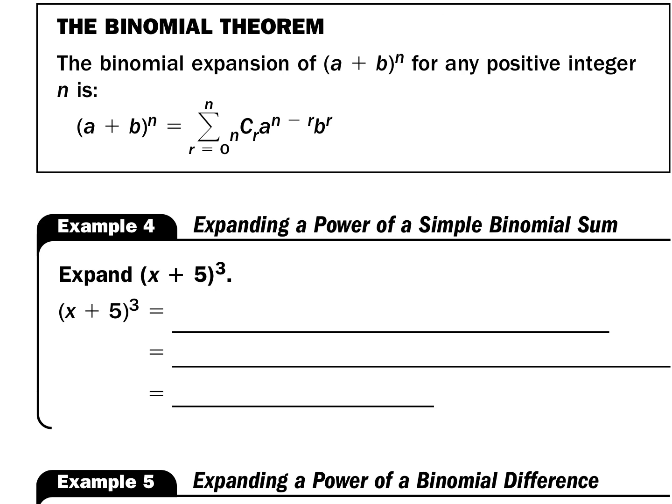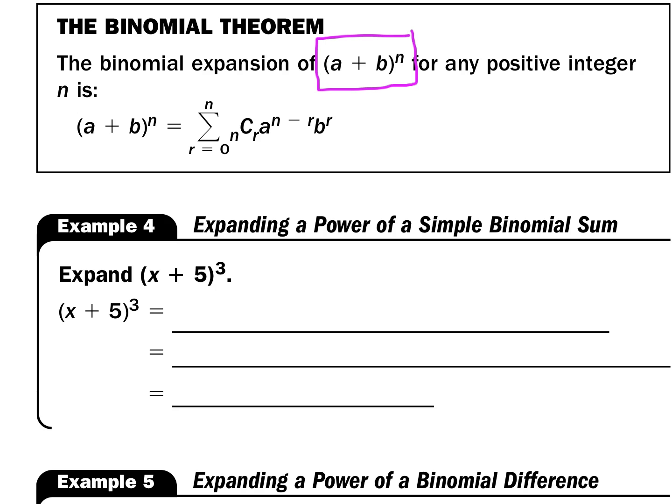Now, the binomial theorem allows us to expand any binomial, a plus b, to the nth power using the different number of combinations of each of the values of a to a power and b to a power.